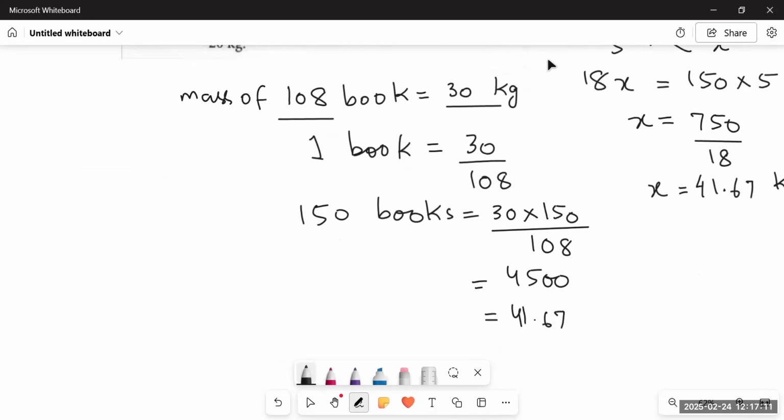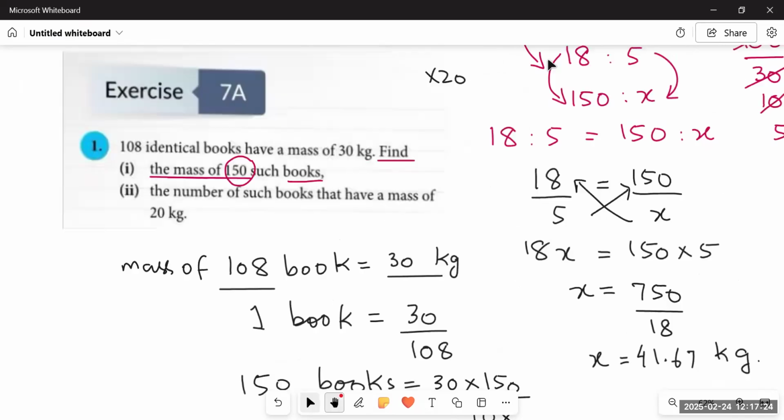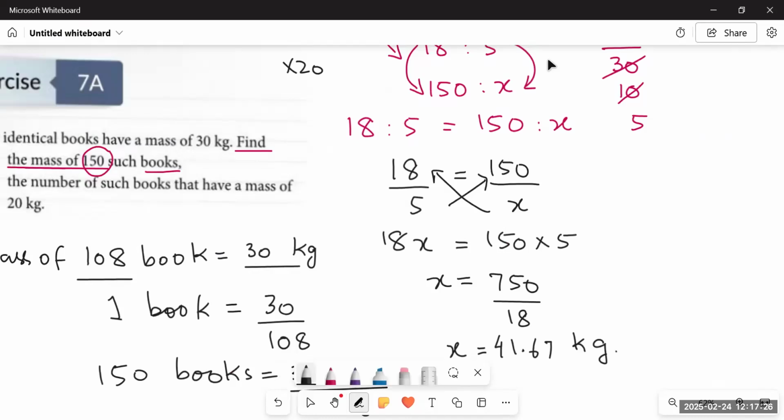It means the answer we have got is absolutely correct. Both the methods are correct, but since we are doing direct proportion, we should go for the first method, that is using the equivalent ratios.